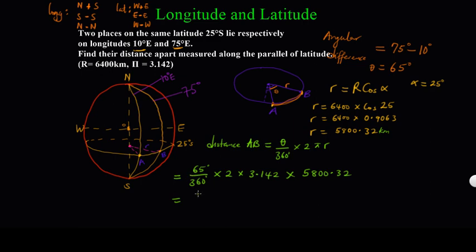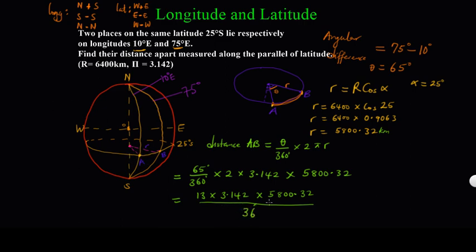So you can say we have 13 multiplied by 3.142 multiplied by 5800.32, everything over 36. Okay, let me rewrite that. Everything over 36.